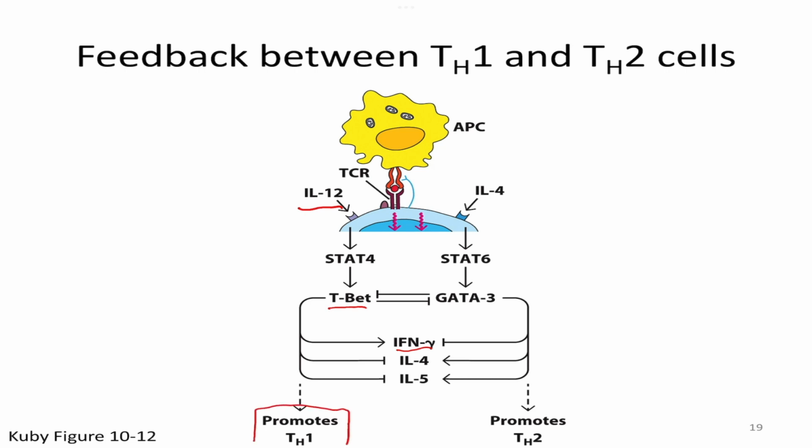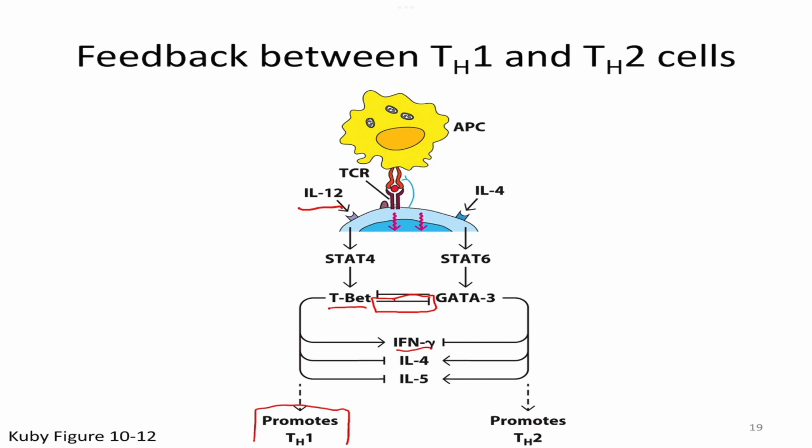At the same time, this inhibits, so here you can see the inhibiting symbol, this inhibits GATA3. So not only do we push the cell towards becoming a Th1 cell, we have also inhibited that cell from becoming a Th2 cell. We've had a little bit of a feedback loop to push all of the immune responses that are happening right now towards Th1.